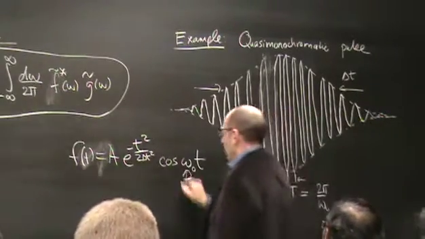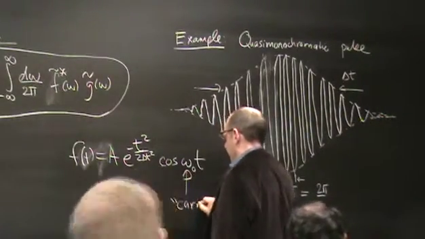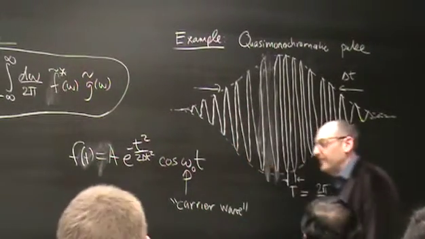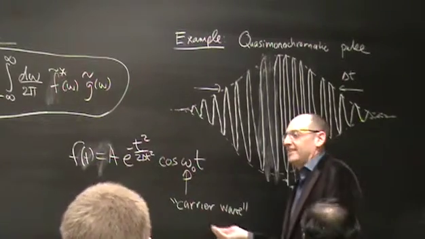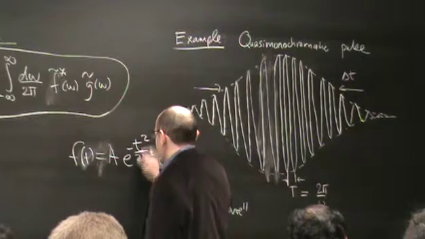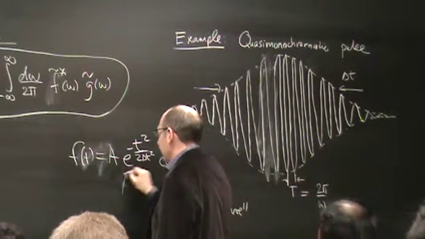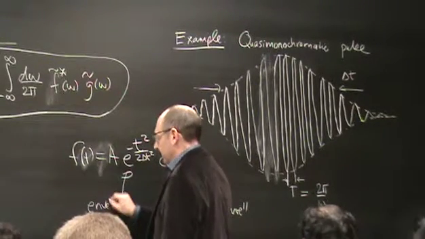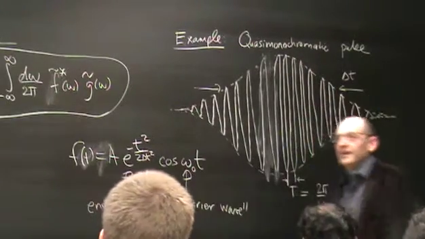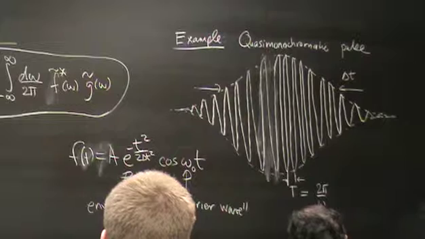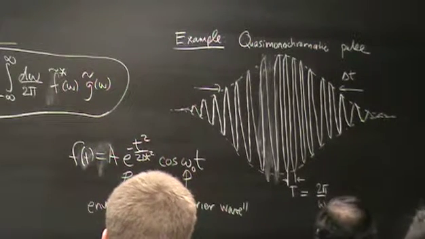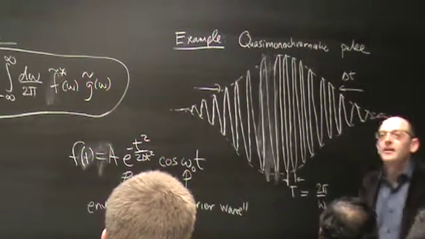This is sometimes known as the carrier wave. This is radio language. All the signal is modulated here. This is known as the envelope. This is the envelope of this pulse. So all the signal is on this carrier.